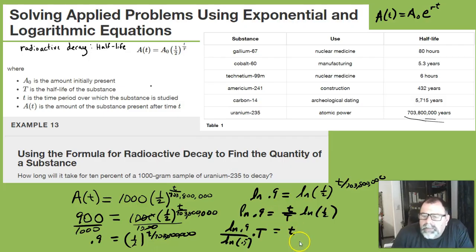So t is about 106,979,777. Okay, so 107 million years, basically.